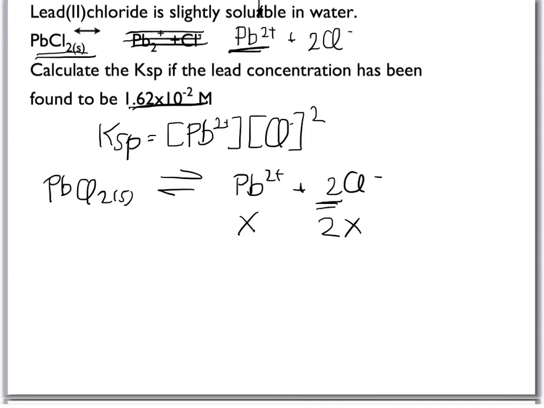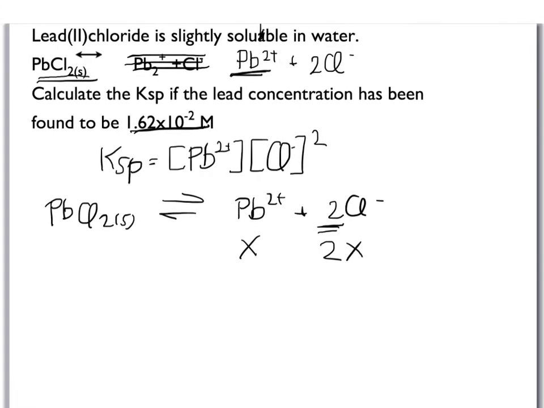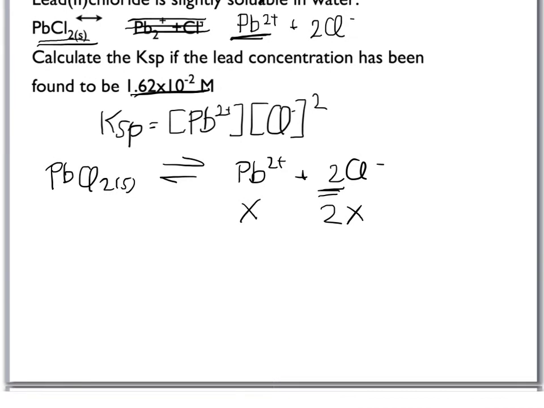So to solve for KSP, since I already wrote my expression up there, KSP equals X times 2X squared.